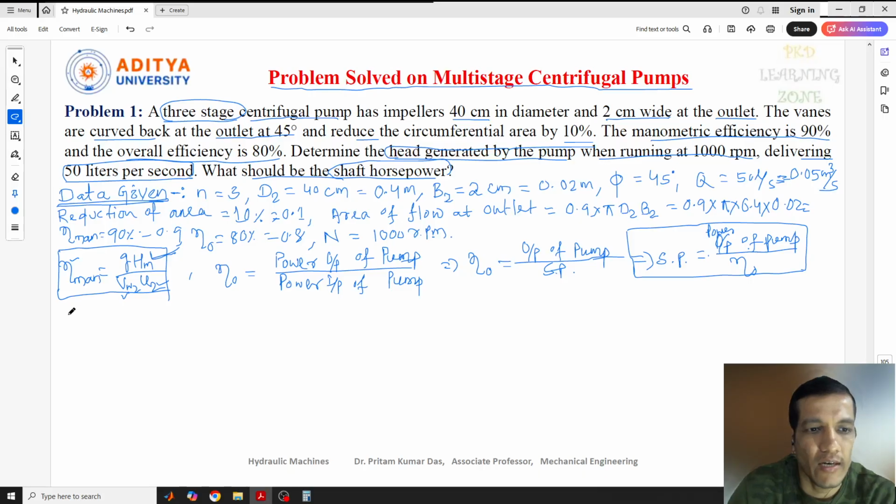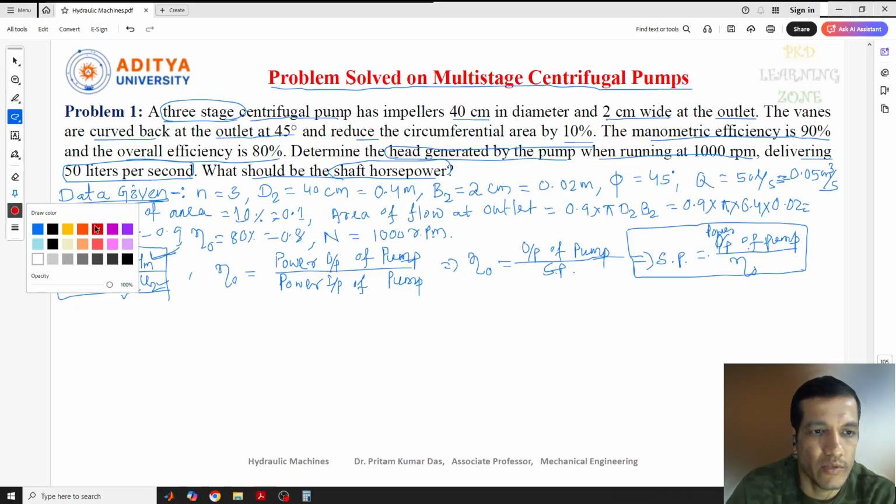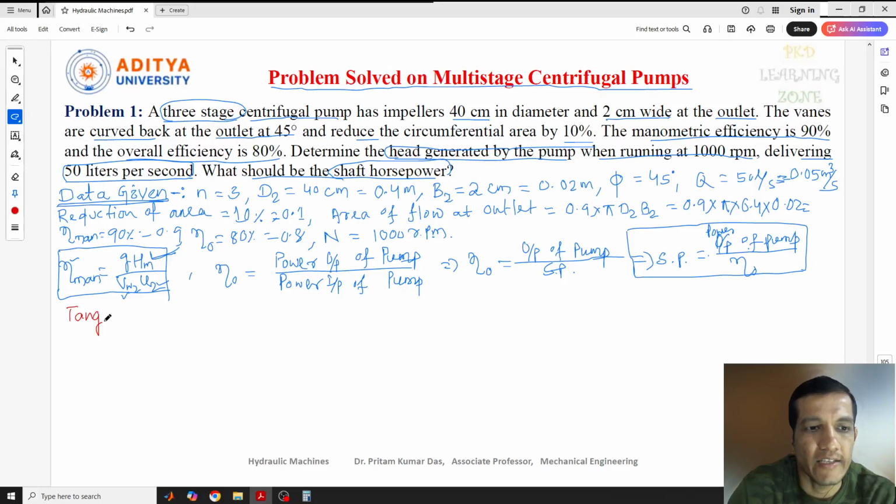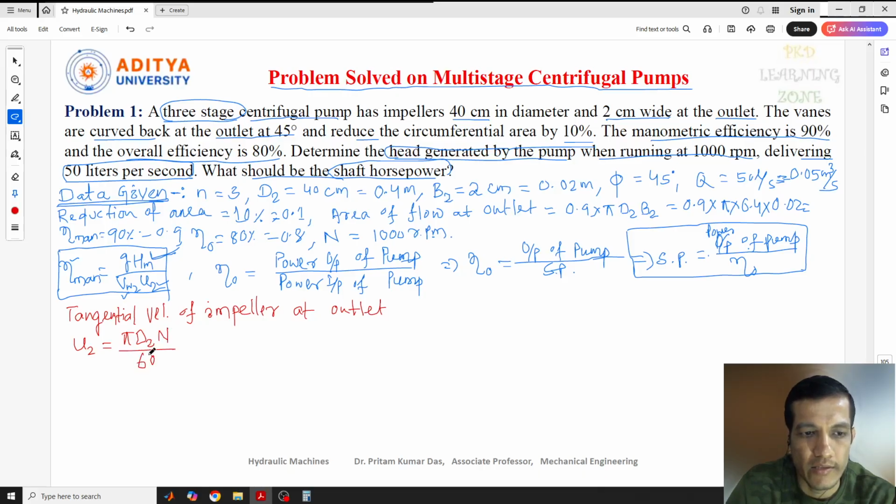So U2 is the tangential velocity of the impeller at the outlet condition. We know that U2 equals pi d2 n by 60.